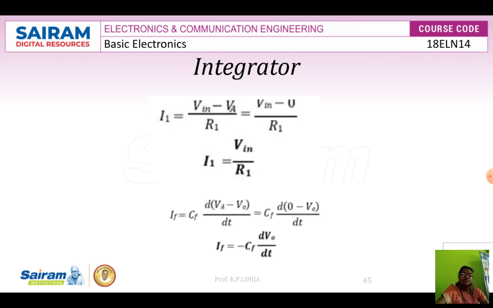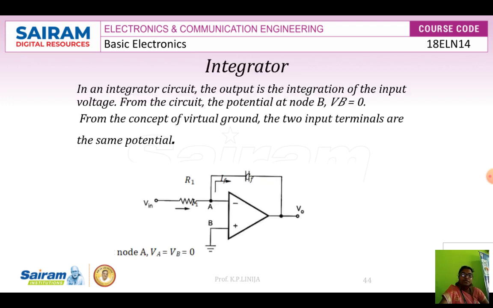Then we need to calculate the feedback current IF. If you see the circuit, IF is the current flowing from node A through the feedback capacitor CF and reaching the output terminal, that is pin number 6.